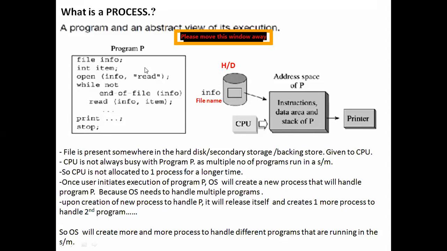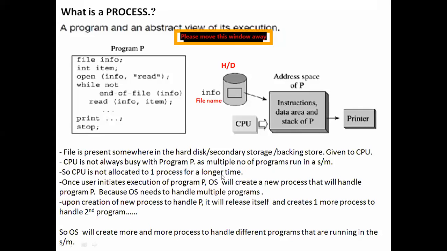The CPU is not always busy with execution of only a single program. Why? Because if I'm executing only a single program in the CPU, I will not be able to utilize it effectively; 100% CPU utilization will not be there. Hence, I'll store multiple programs or processes inside the memory. The CPU is not allocated to only one process for a longer time.